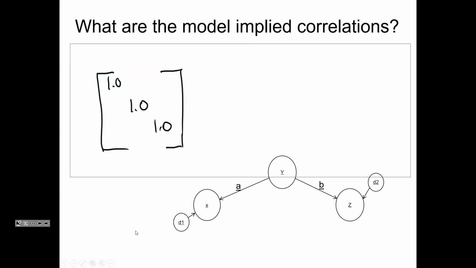But AB is the model predicted correlation between X and Z. So we're making the same constraint in all three models. And the degree to which the model doesn't fit is the degree to which I can't explain the correlation between X and Z with the A path and the B path.